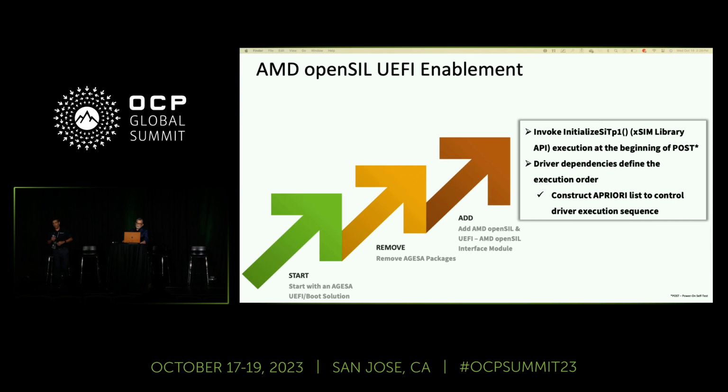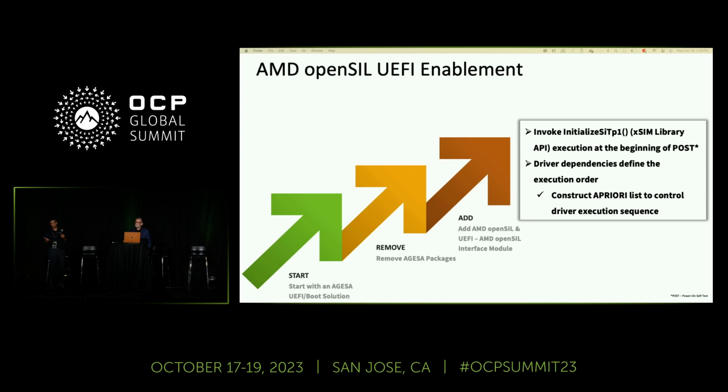Here, as he said, there are three entry points in the OpenSIL, and the UEFI AMD OpenSIL will be the wrapper driver that is going to call into time point 1, time point 2, and time point 3. More importantly, in time point 1, after the SOC IP blocks are initialized, it is going to take the data and create the HOBs that are necessary for the rest of the UEFI firmware to execute.